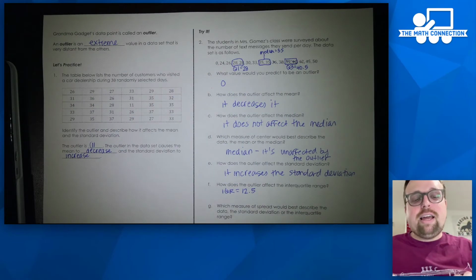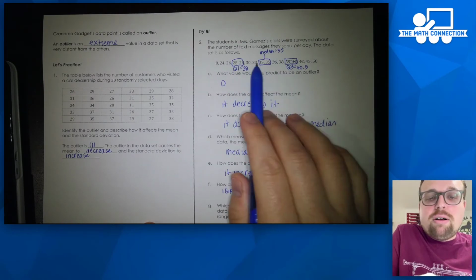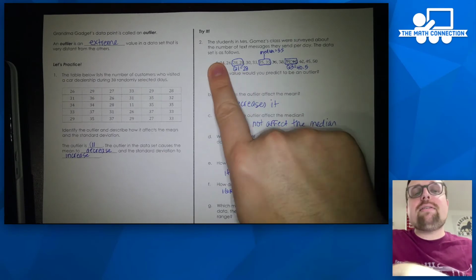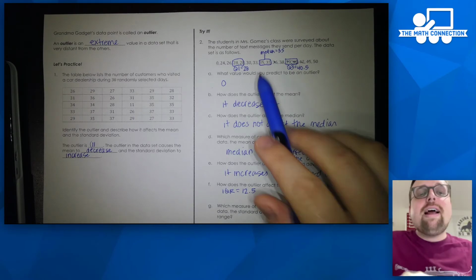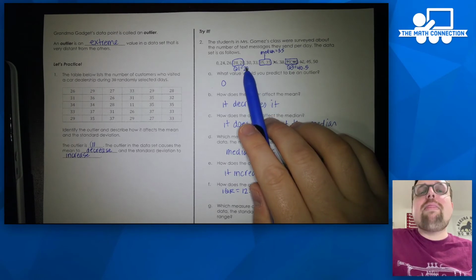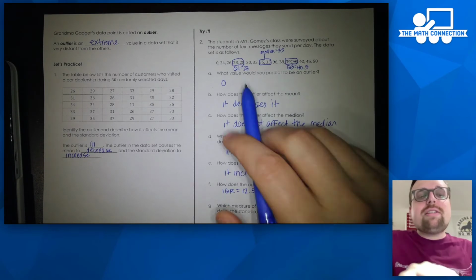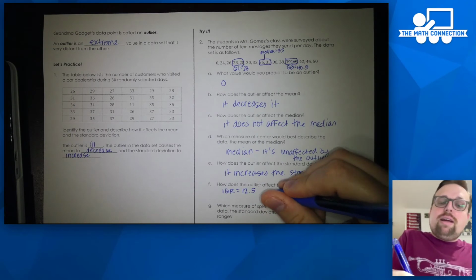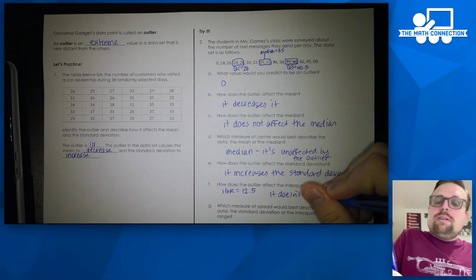In fact, if you change the outlier to be a different value that would fall somewhere in this range, like maybe we take out 0 and we add someone else in who's sending 30 text messages, then I would have two 30s, and then my Q1 and my Q3 would be affected. But just the fact that the 0 is here is not affecting my interquartile range at all. So it doesn't affect it.